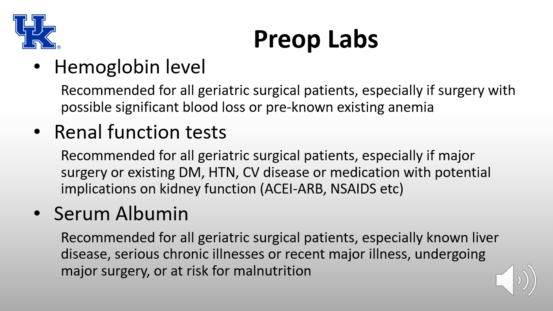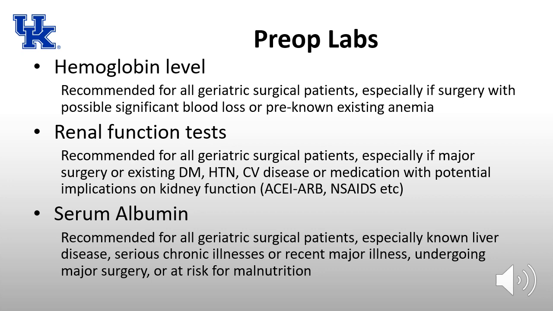There are 3 laboratory tests we should consider getting in geriatric patients in the preoperative assessment to gauge if those patients are optimized or at higher risk for preoperative complications. The hemoglobin level.